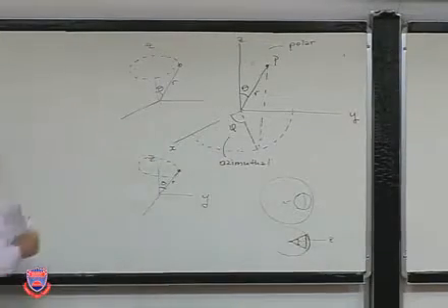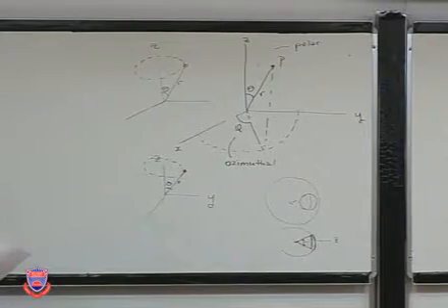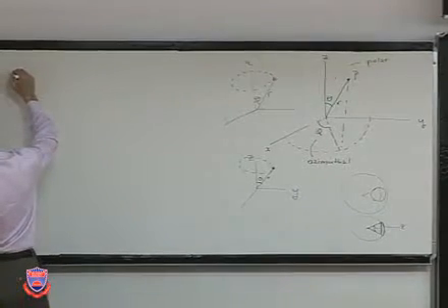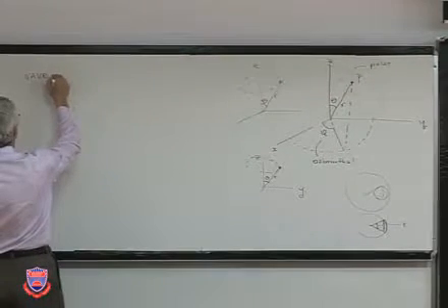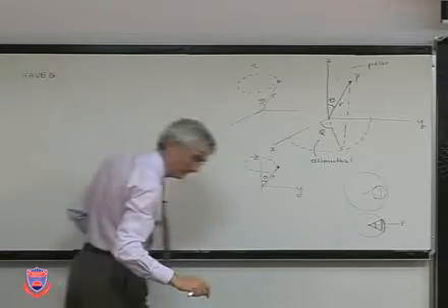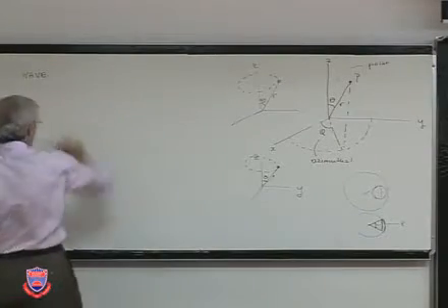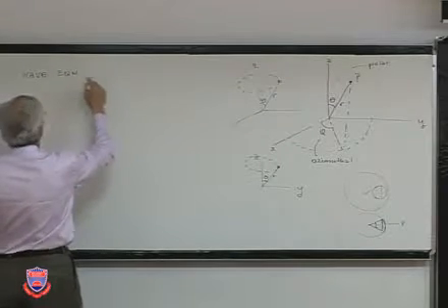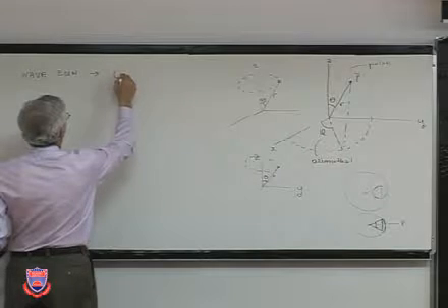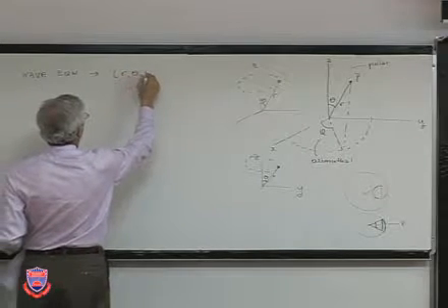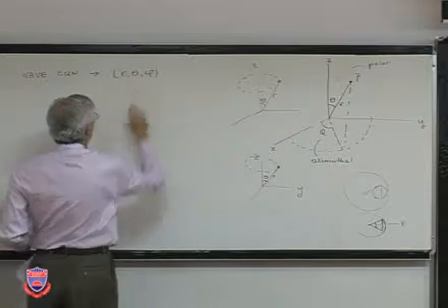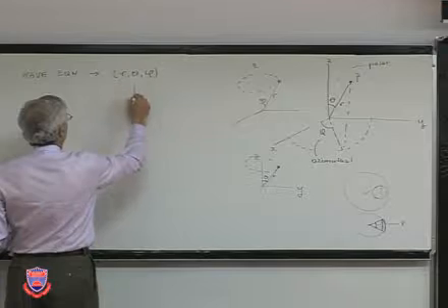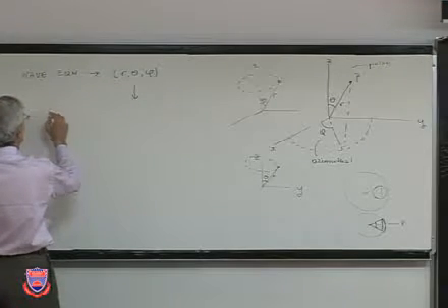Okay, now what we did, I'm just giving you a general outline of the spherical radiation. What we did was we used the wave equation. We wrote it in spherical coordinates, and then we did a separation of variables.